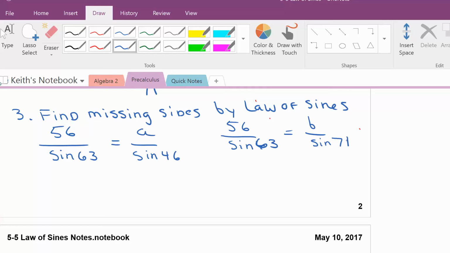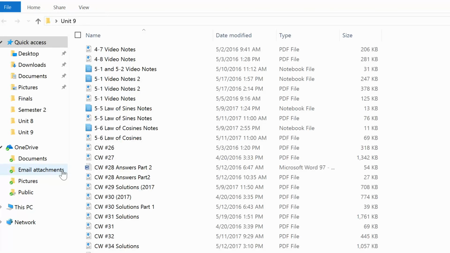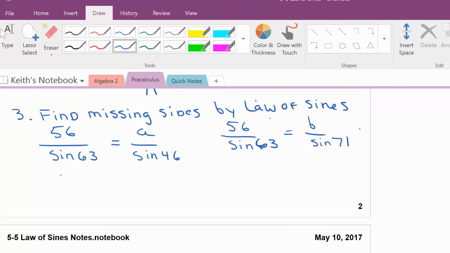You're going to have to get out your calculator because here you cross multiply. So it's a sine 63 equals 56 sine 46. And then you divide by sine 63.